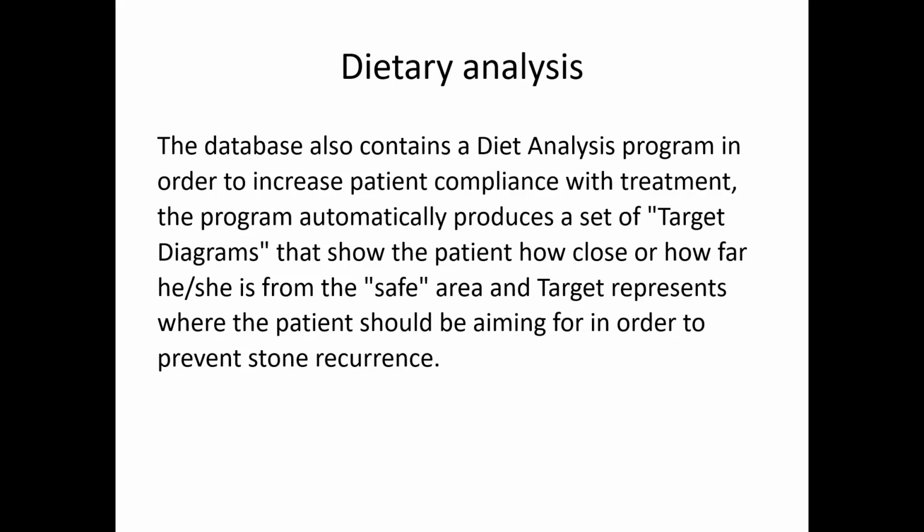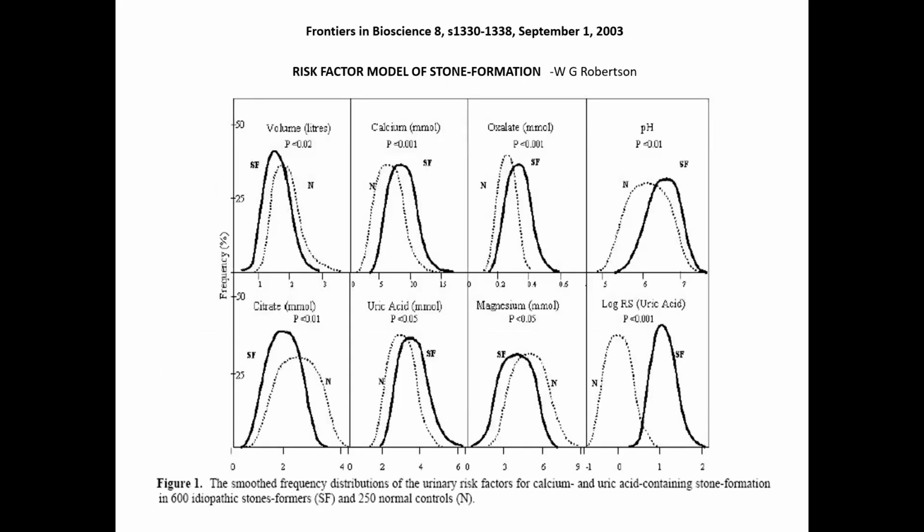If you can see here, my cursor is moving. The dark line is the patient with stone risk, and the dotted line is the normal population. So low volume is a risk factor for renal stone formation. Because of that, stone formation increases with low volume, and calcium oxalate and uric acid are the risk factors for stone formation.